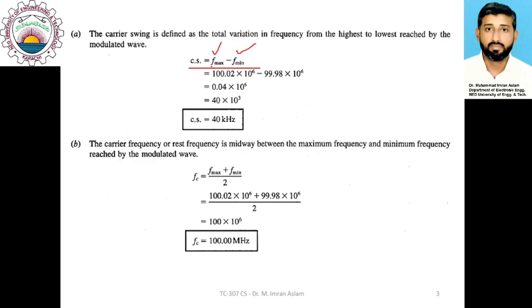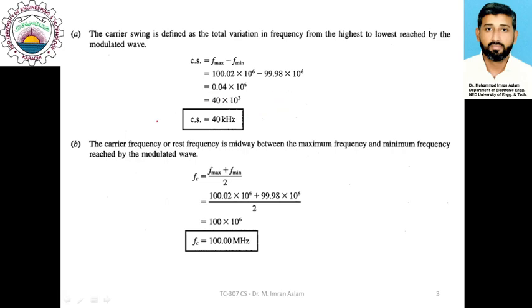CS is F max minus F min, which is 100.02 megahertz minus 99.98 megahertz. The difference is 0.04 megahertz. In other words, the carrier swing in this case is 40 kilohertz.